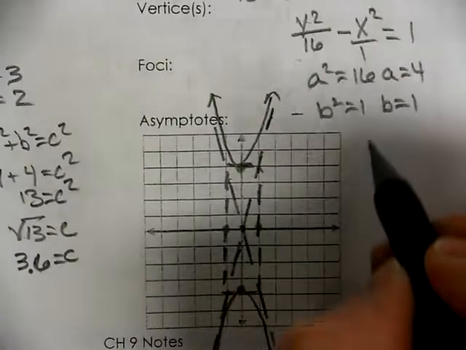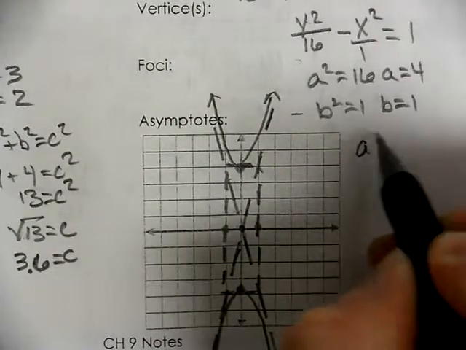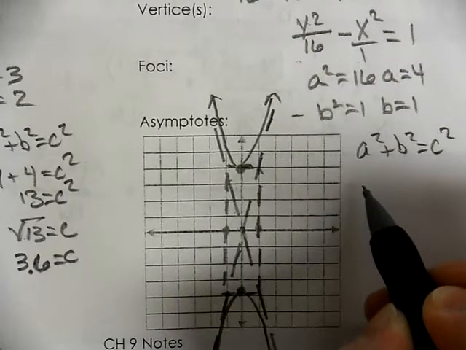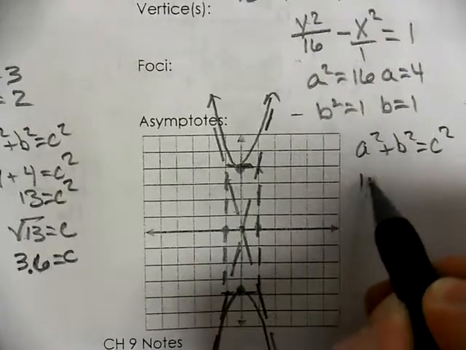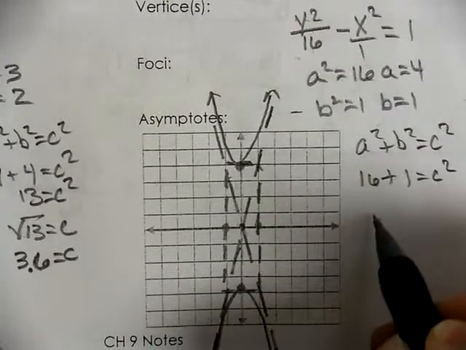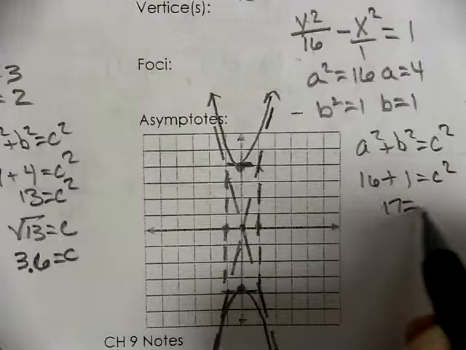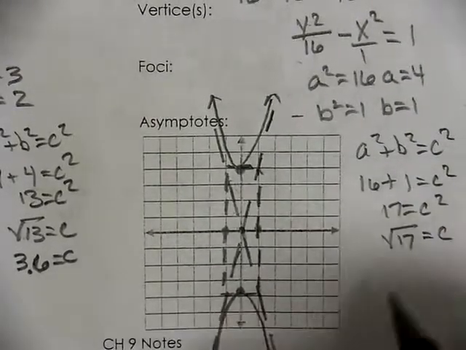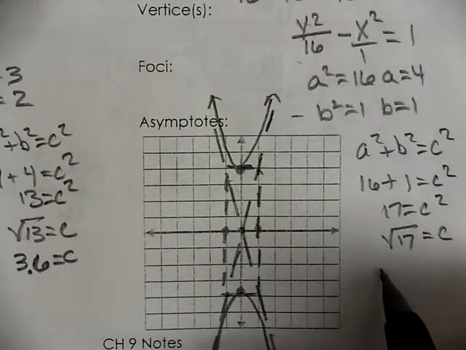Now to calculate where your foci are at, you have a squared plus b squared equals c squared. Your a value squared was 16. Your b value squared was 1. So you have 17 equals c squared. You get the square root of 17, which is just a little bit more than 4.